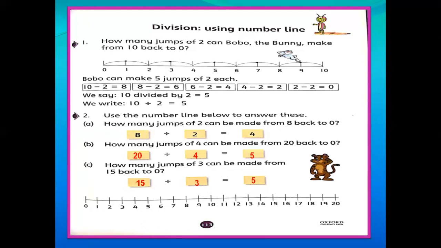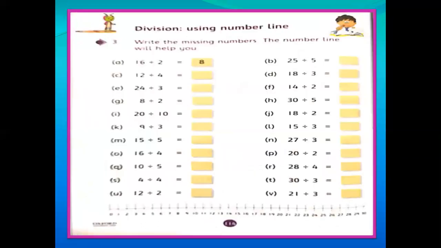If you do not know it, it is difficult for you. Write the missing number. The number line will help you, so if you want help, you can use it, but I am going to do it without the line.